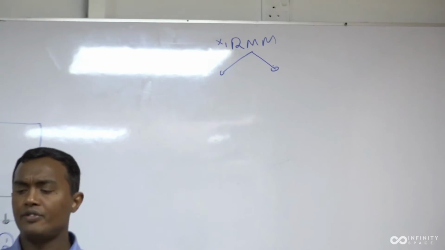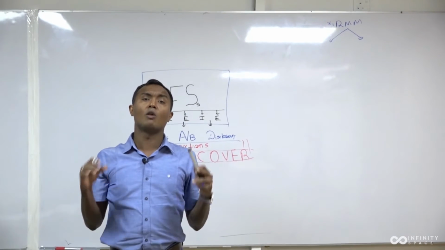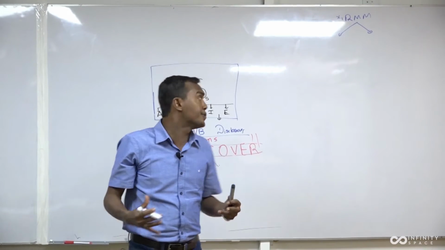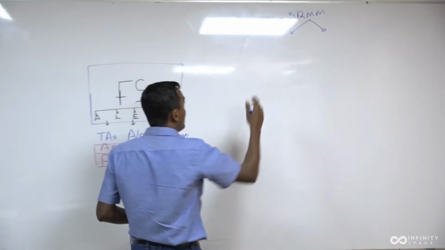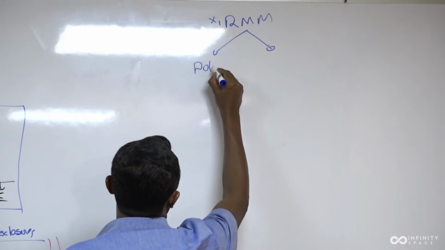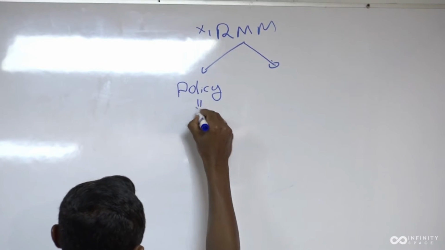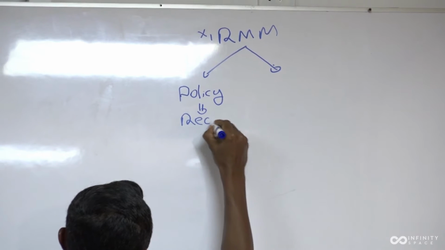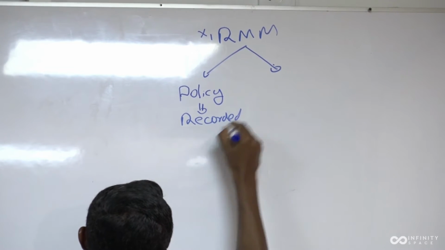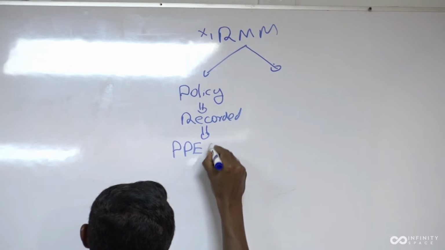Now I want you to guess: difference between what? At the end of the day, you are auditing a company's set of accounts. So the balance as per the company's policy, right? I write the words based on the company's policy: the recorded balance. Let's say this is PPE 100 million.